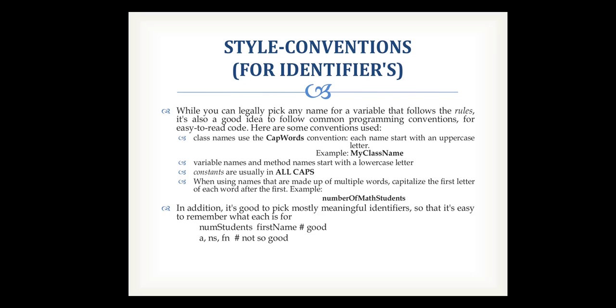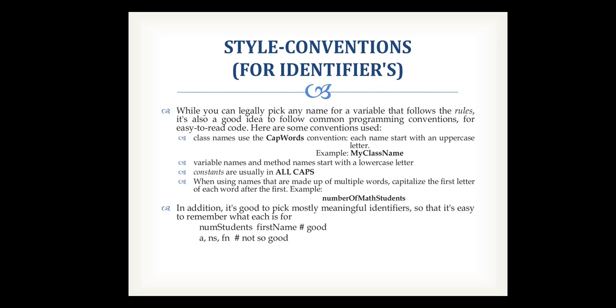So M is capital, C is capital, and N is capital. Variable names and method names start with a lowercase letter. Constants are usually in all caps. When using names that are made up of multiple words, capitalize the first letter of each word after the first. For example, numberOfMathStudents.